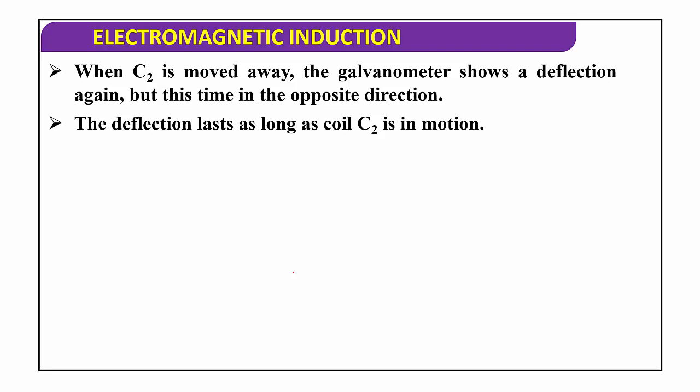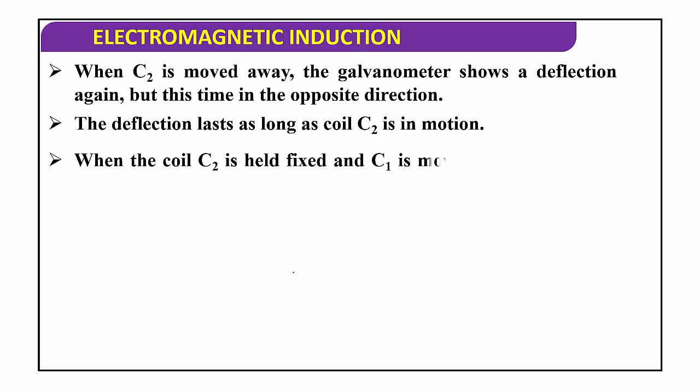Then the third point: when the coil C2 is held fixed and C1 is moved, instead of the second coil, if I move the first coil, again the same effects are observed because the magnetic field with respect to the first coil changes.